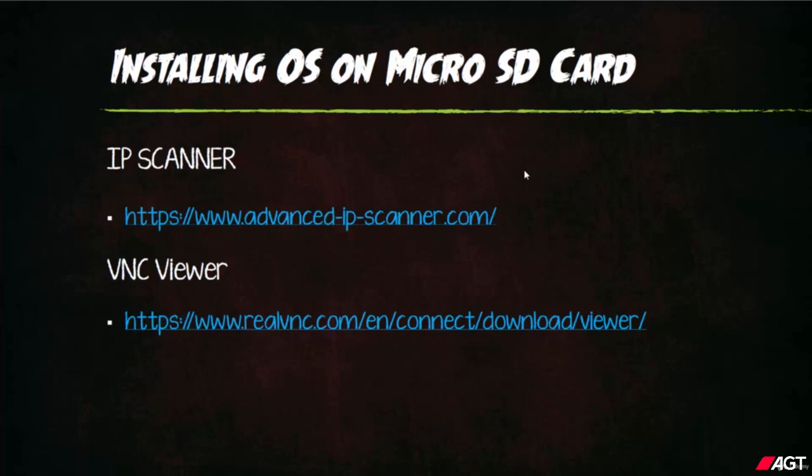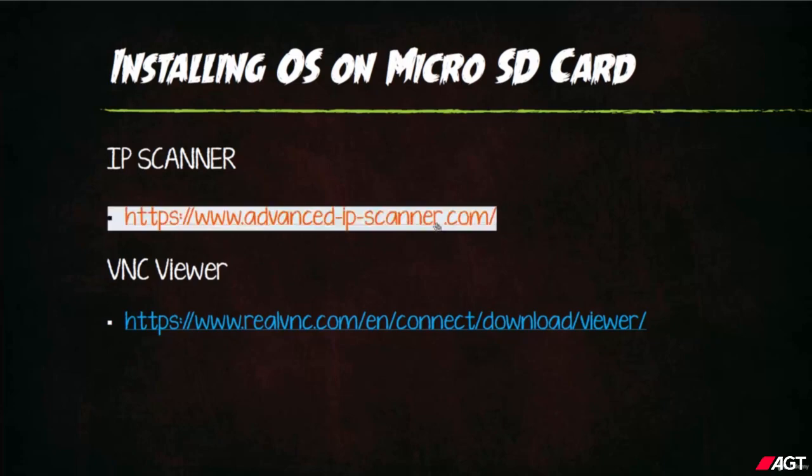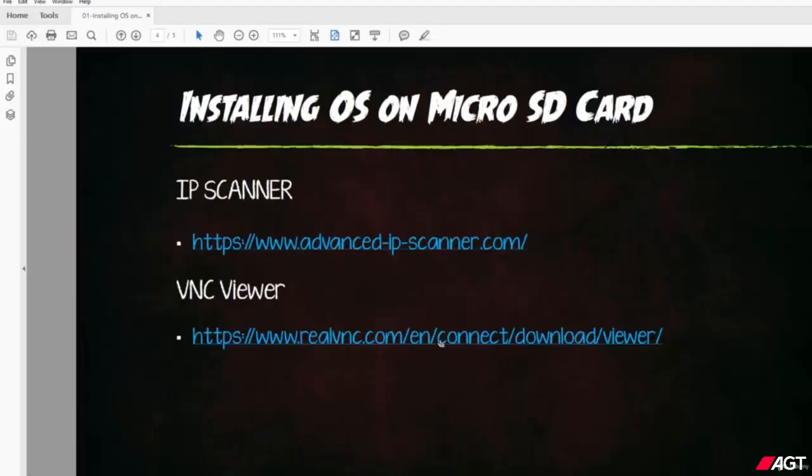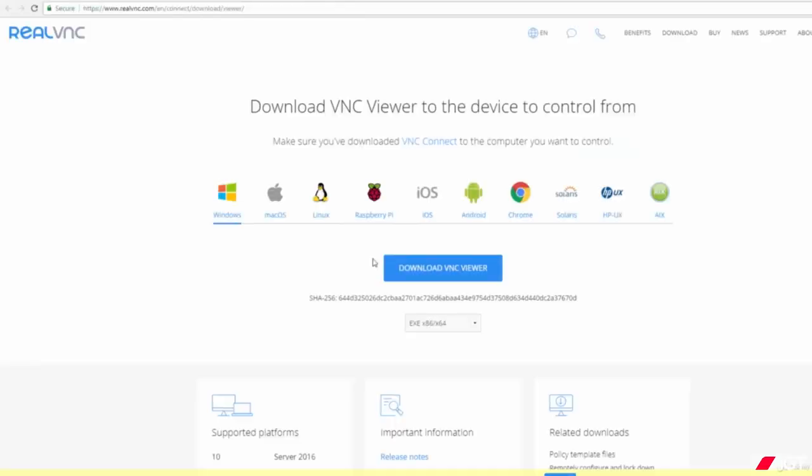To view Raspberry Pi on your laptop, you need two different tools. The first one is Advanced IP Scanner, and the next tool is VNC Viewer. You can download this tool over here. I have already downloaded it, and the VNC Viewer tool you can also download.